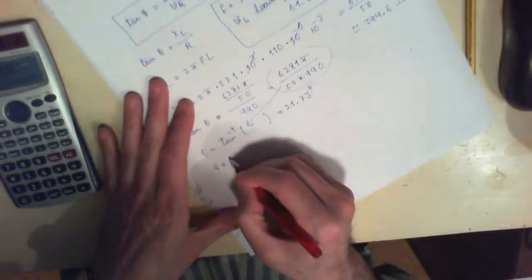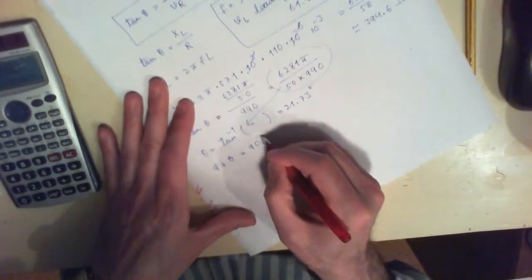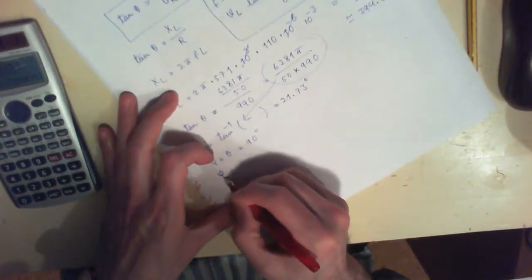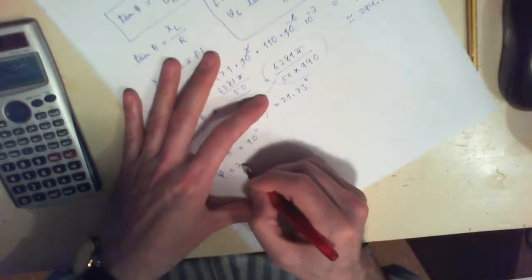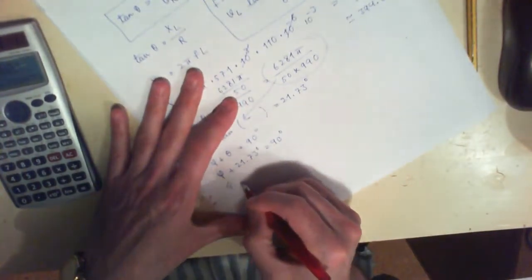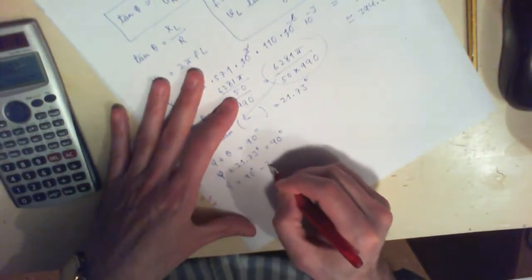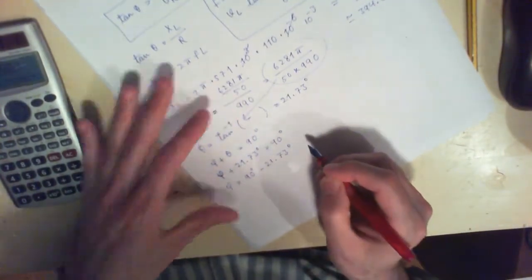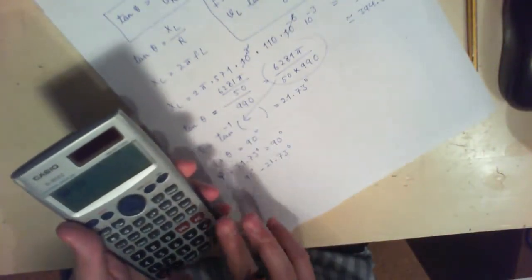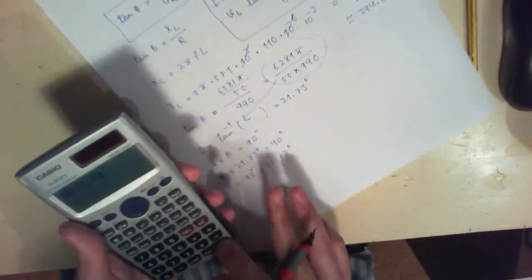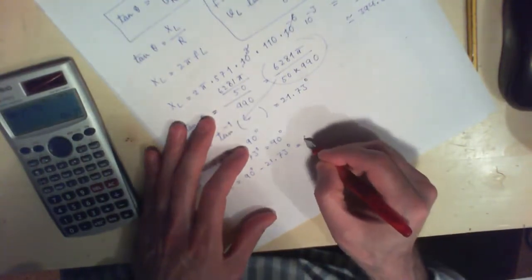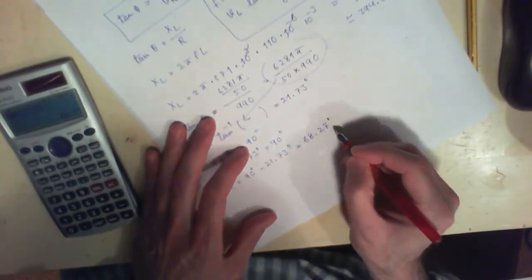Since theta is equal to 21.73 degrees, and you know that phi plus theta is equal to 90 degrees, phi is equal to 90 degrees minus 21.73 degrees, which is equal to 68.27 degrees.